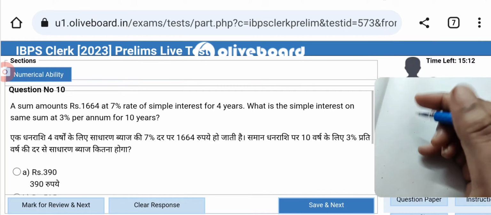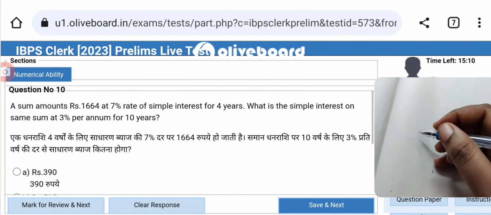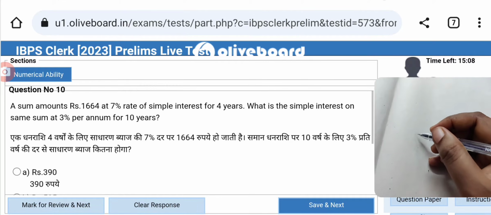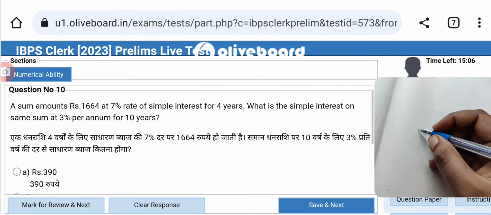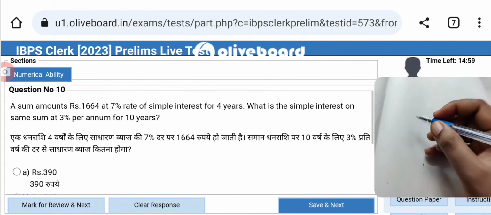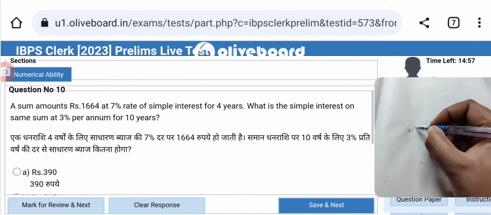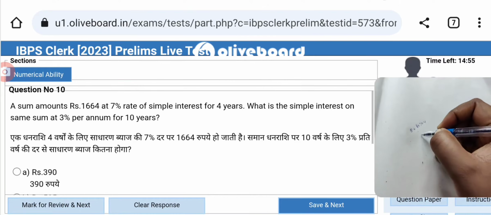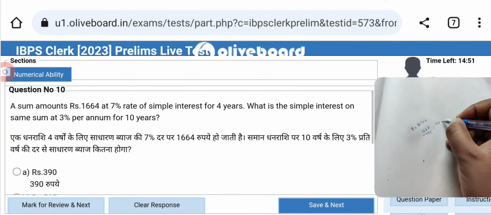Next, a sum amounts to 1664 at 7% rate of simple interest. What is the simple interest on the sum? So P plus P into 7 into 4. 128 P by 100 is 1664. Think 8.